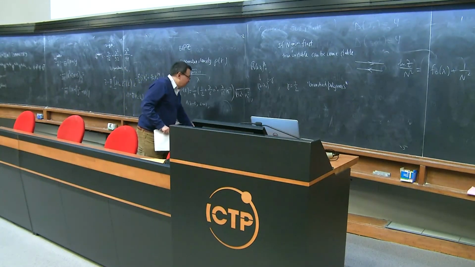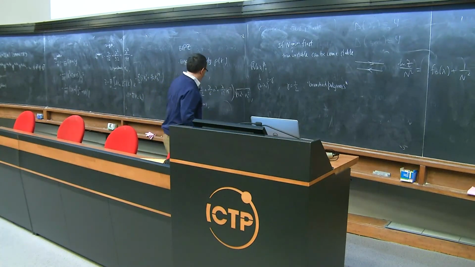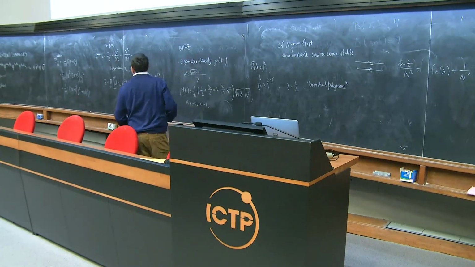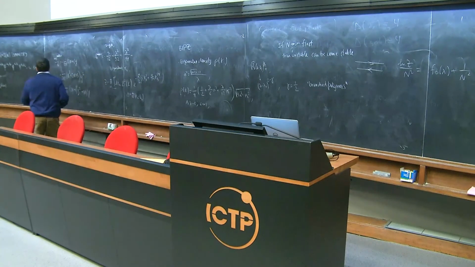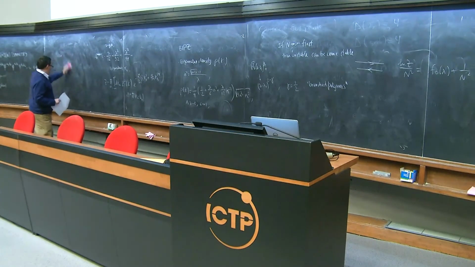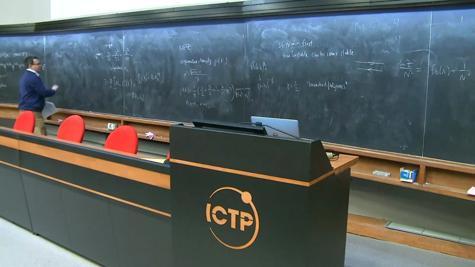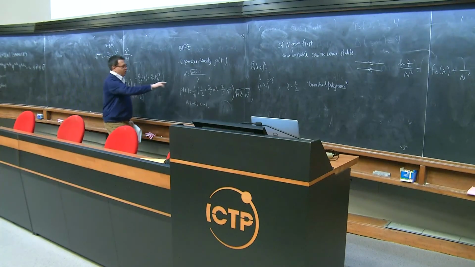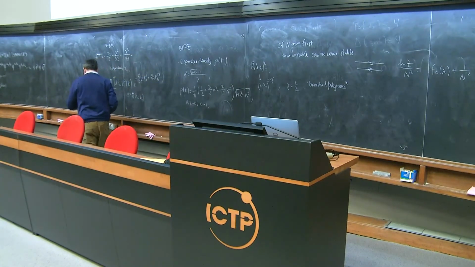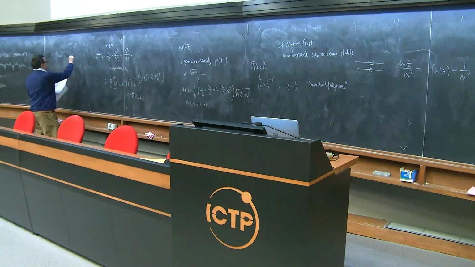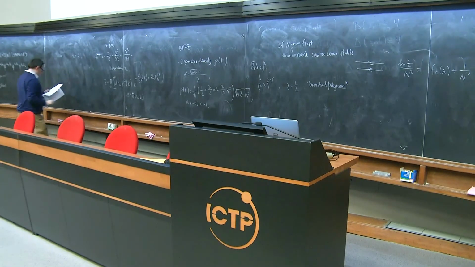In this case, you find that lambda critical is exactly where the branch cut develops here, which is minus 1/2. So lambda critical is minus 1/2.